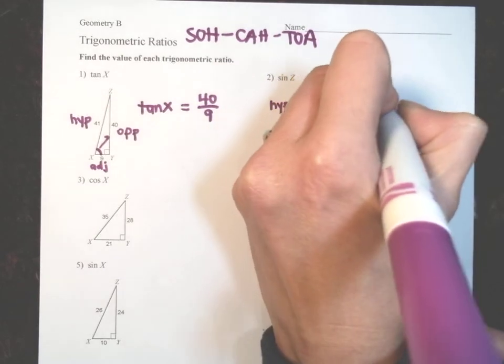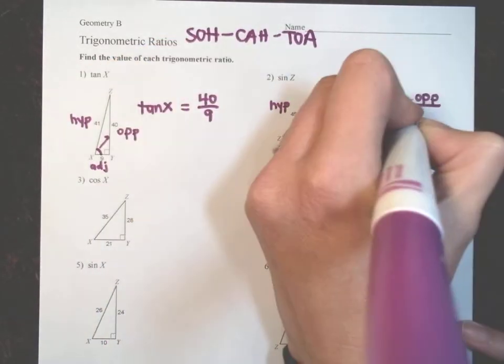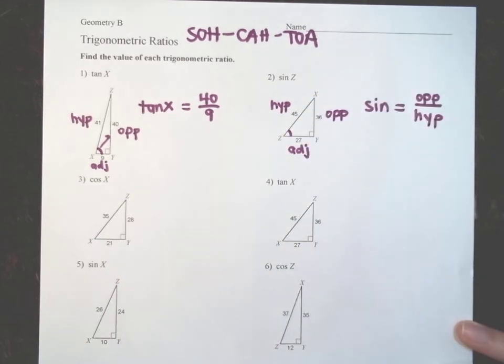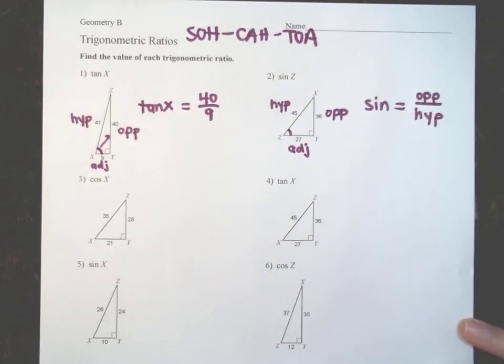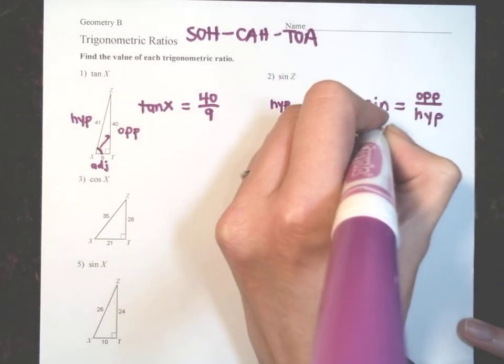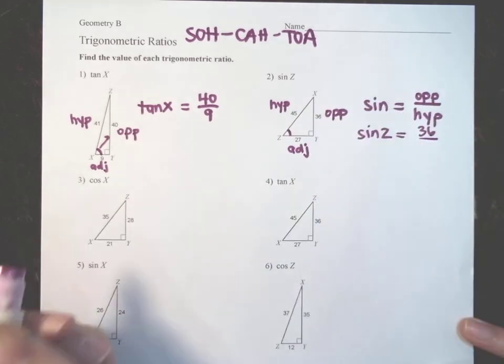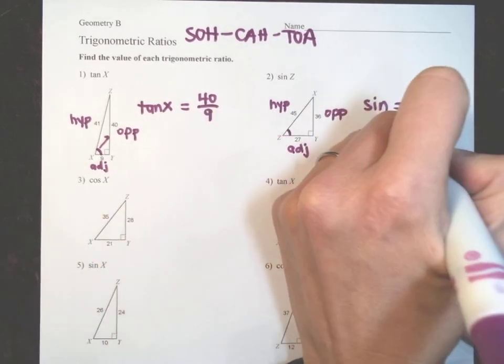So for sine, we need opposite over hypotenuse, which means the opposite is 36. So sine of z equals 36 divided by the hypotenuse, which is 45.